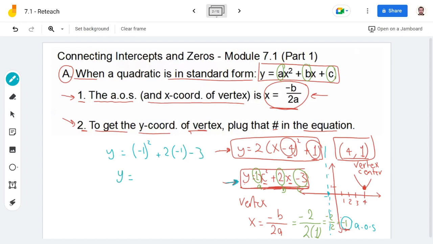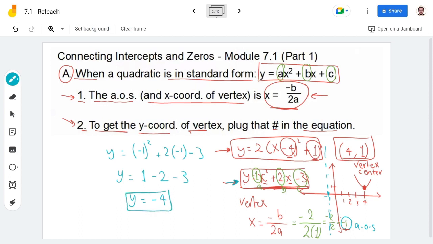So y is 1, plus 2 times negative 1 is negative 2, minus 3. 1 minus 2 is negative 1, and negative 1 plus negative 3 is negative 4.